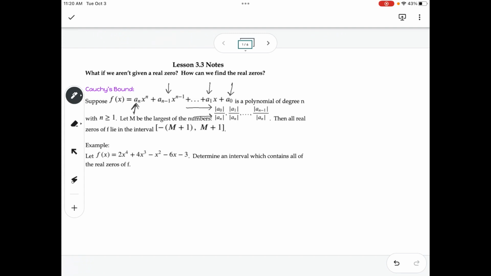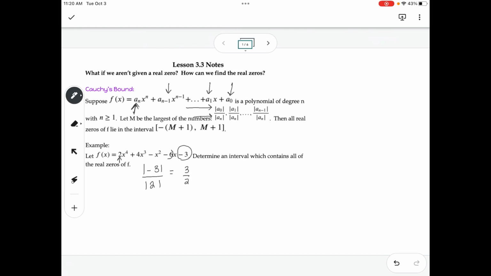In this first example, we've got 2x to the 4th plus 4x cubed minus x squared minus 6x minus 3. I'm going to start with the absolute value of -3 over the absolute value of my leading coefficient. This gives me 3/2.